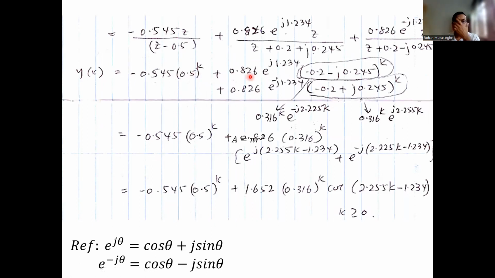And the second term, again, you can see Z over Z plus a constant, a complex number here, and you have to raise it to the power of k, just like over here. And so is the third term. You have minus 0.2 plus j 0.245 raised to the power k. Is that clear?